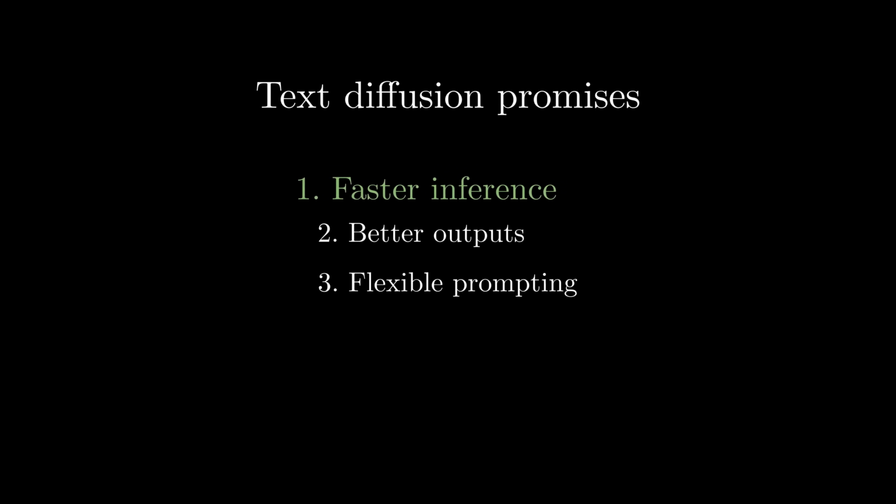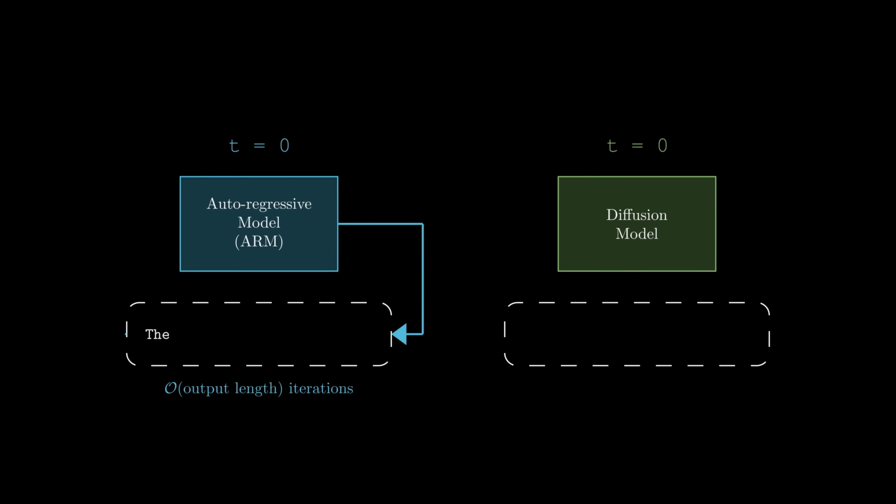One promise is faster inference. This is particularly relevant for latency-sensitive applications like coding, but also convenient for LLM providers because a 10x speedup means 10x cost savings. ARMs perform one iteration per output token until the special end-of-sequence token is produced. Depending on your prompt, that can be in the thousands or more.